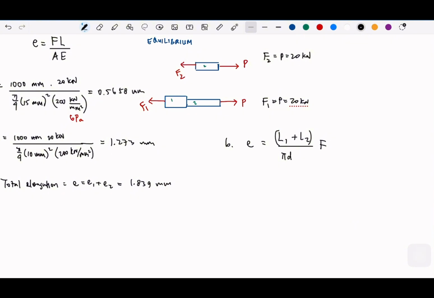I will take the same diameter, and then E. So now this will be 2000 millimeter, 20 kilonewton.